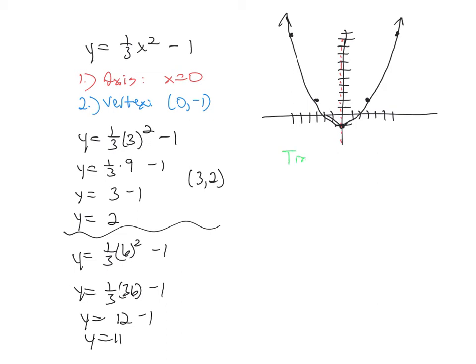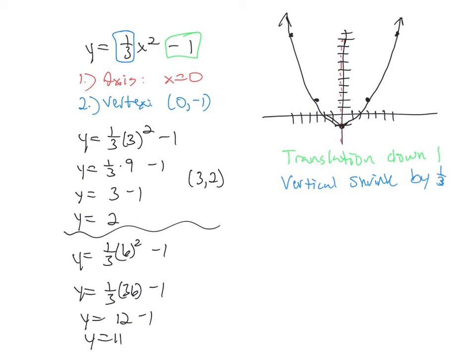So we're going to have a translation down 1. And when we have a fraction in the front, that's going to be a vertical shrink by 1/3.